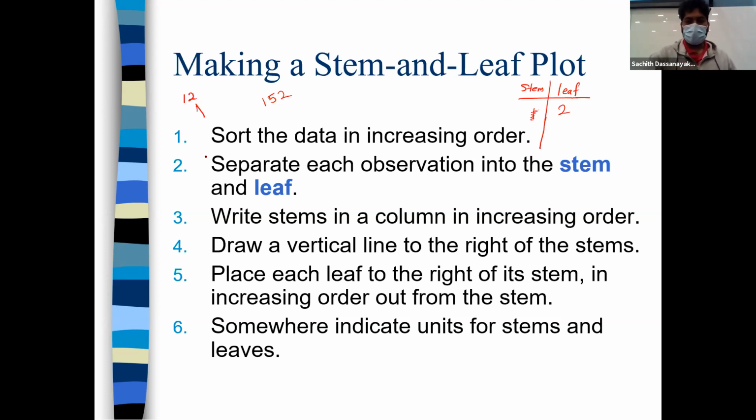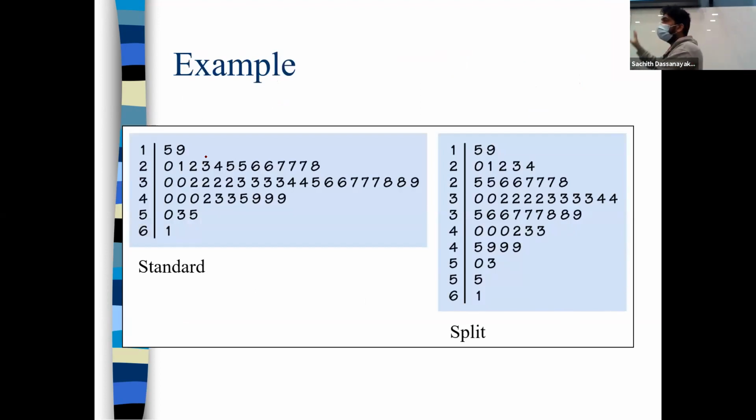Okay, I'll just use this and tell you what's going on here. Always the last digit goes to the leaf part and the other digits go to the stem. If it is a 3-digit number, the last digit goes to the leaf and the other two go to the stem. The first one is the standard one, you simply mention the last digit.